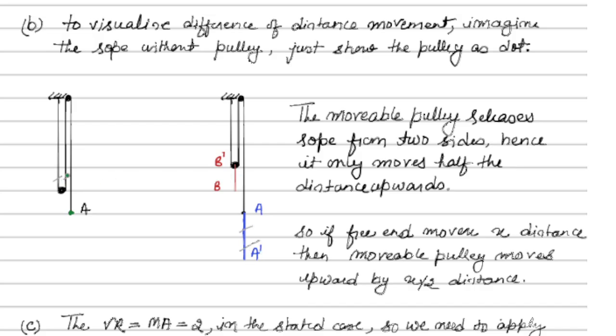Because see, it has two wires. If this pulley is going up, it is releasing the strings or strands from two ends. One will go from here and one will go from here. That's why it will go up with less distance. So if you compare, if this has moved x, it has moved up x by 2. And this will happen in the case of a movable pulley.